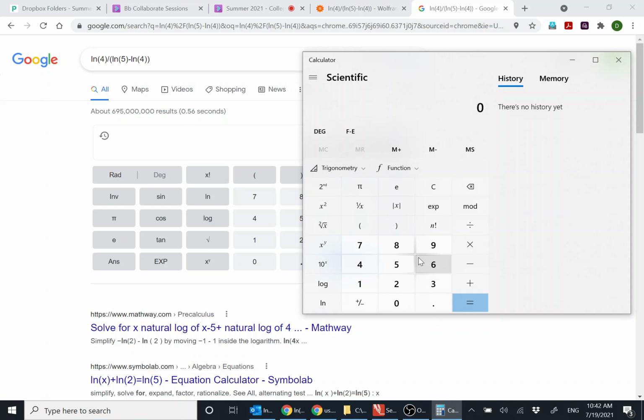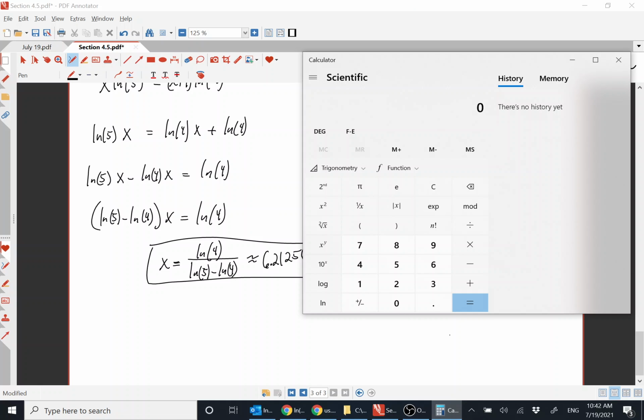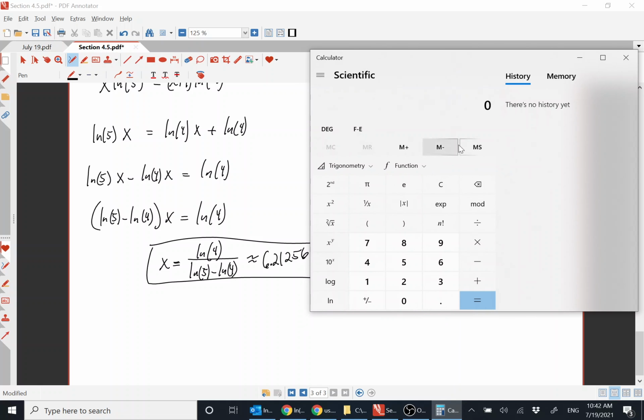Sometimes it's easy to make a mistake on the calculator, so you might want to check yourself once in a while in a web browser to make sure you're doing it right. So 4 natural log divided by, and here's where it's weird because you have to use parentheses here, 5 natural log minus 4 natural log, close parentheses.